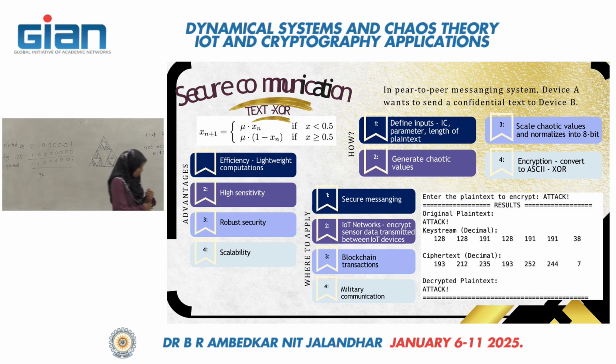Again, just now we were talking about the scale, the normalized 8-bit. What if I change to smaller or larger? But now my question is, why do we normalize our sequence? For diffusion operations, because the plain text is in 0 to 255, and the random numbers generated from the chaotic map are real numbers.